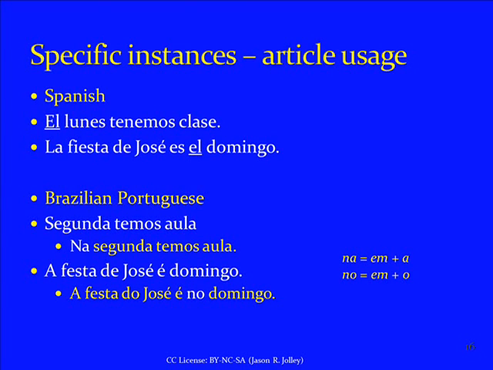Now, many speakers of Brazilian Portuguese will, in fact, insert the word or the expression na or no, which are combinations or contractions of the preposition em and the definite article a and o, and say something like, na segunda temos aula, or a festa do José é no domingo. This is extremely common in Brazil. But again, just go back, review this slide, because there's an important distinction between Brazilian Portuguese and Spanish when we're talking about specific instances occurring in the near future on a day of the week.